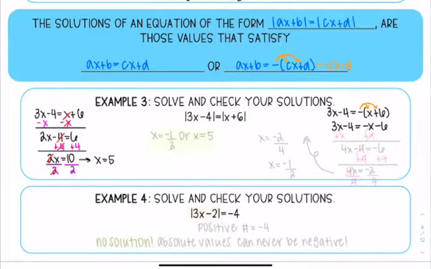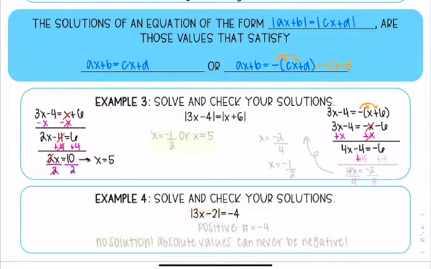Let's do the other equation. So this time I'm going to add x to both sides so that I can get it all on one side. And so it cancels on the right, and we end up with 4x minus 4 equals negative 6.